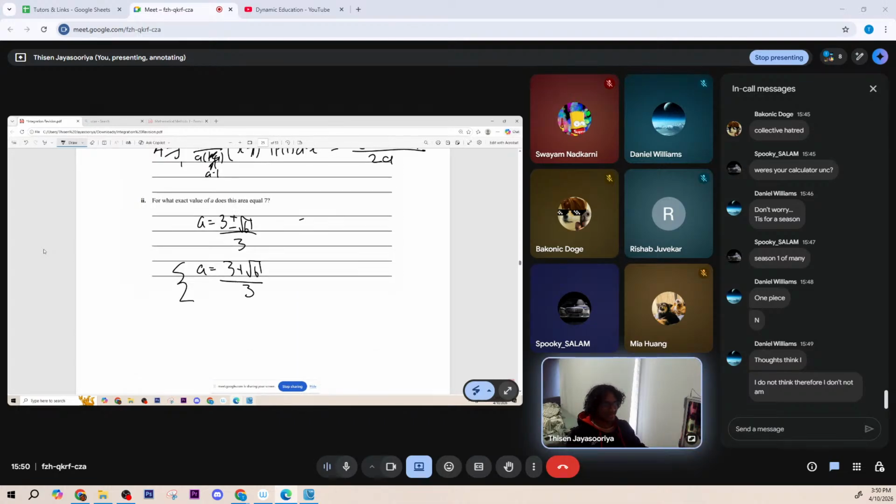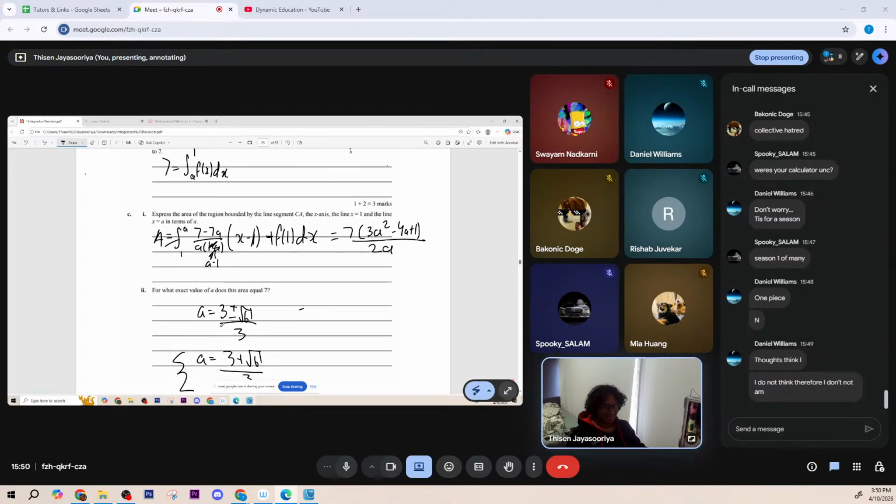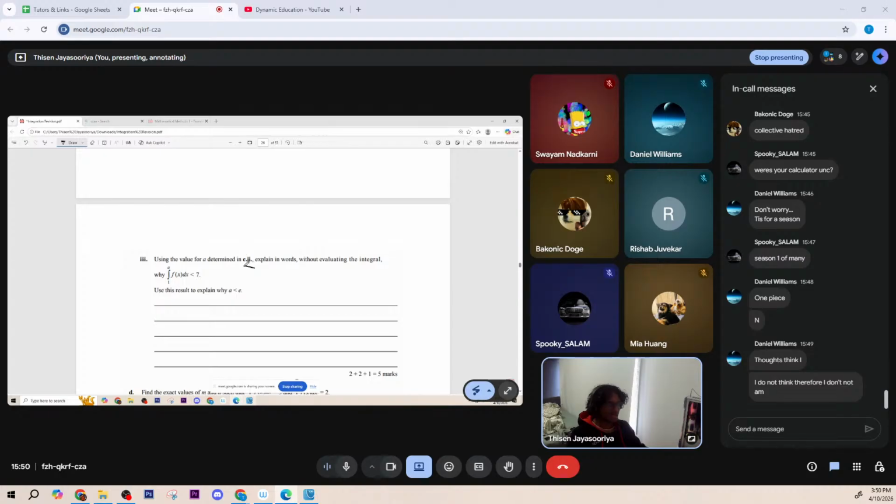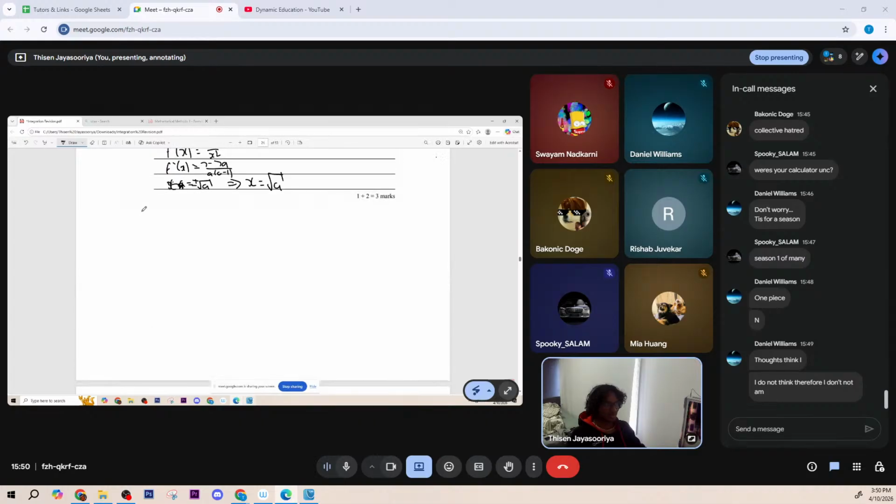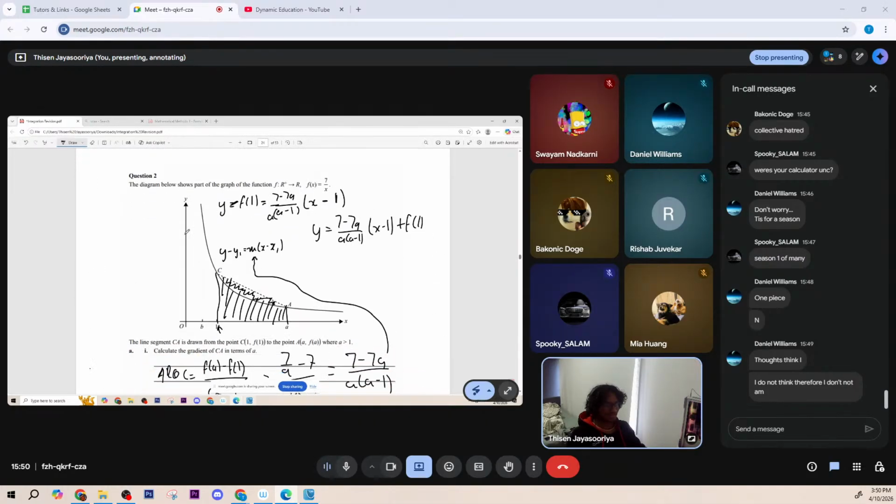So here, we're using our value from CII to explain why the integral from 1 to a of f of x is less than 7. It's because, as Salah said, this area from C to A will always be greater than the area under the curve.